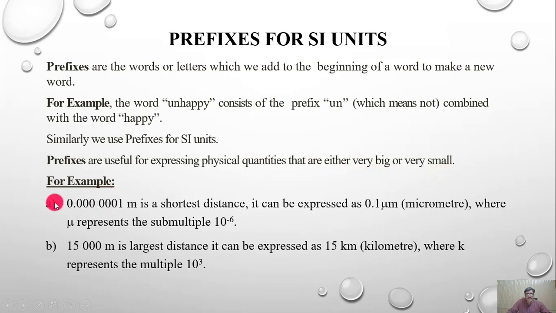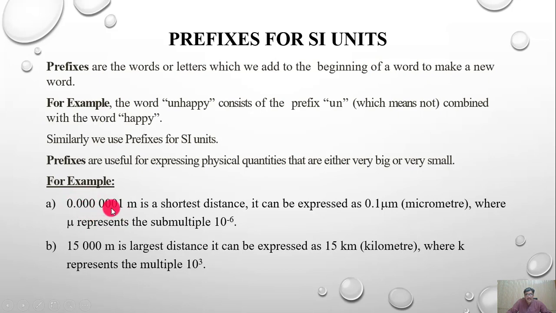If you see here, it is 0.0000001 meter. This is a very small distance. If in some problem you have to write this value many times, it will be very difficult to write so many digits again and again.